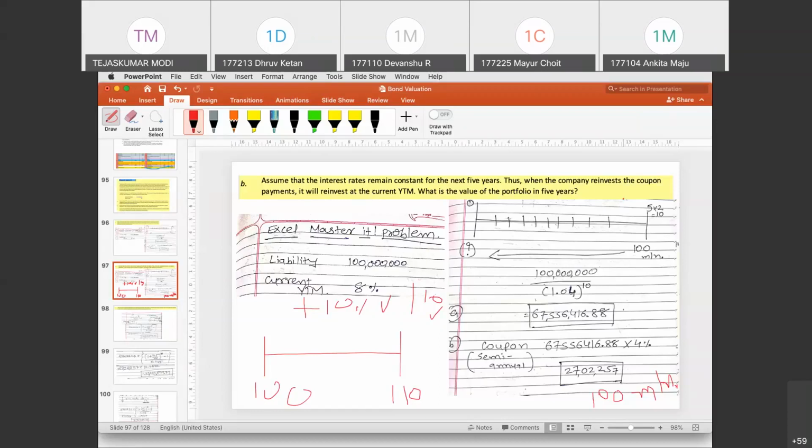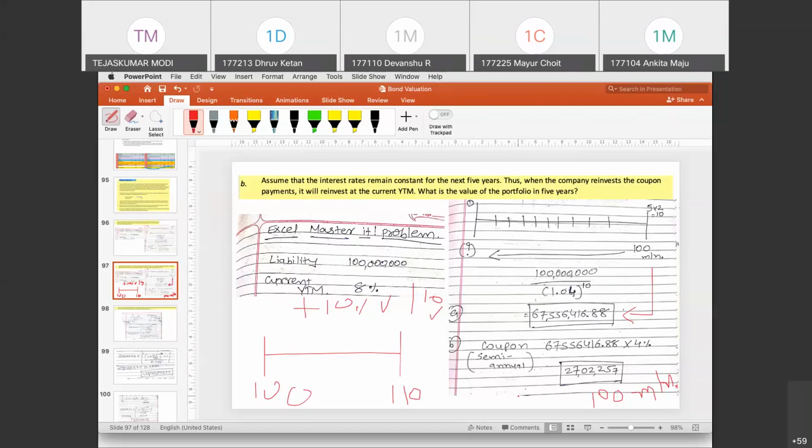Sir, here we will use the future value of annuity. So the answer is 100 million only, beta. Because that is how we arrived at this value, right? In this case we came back, and in this case we are going forward.